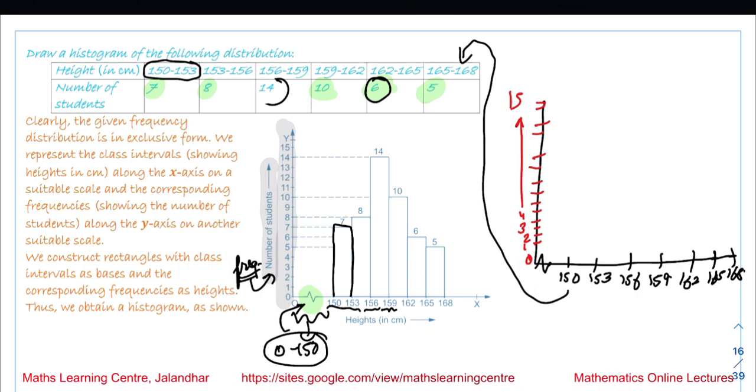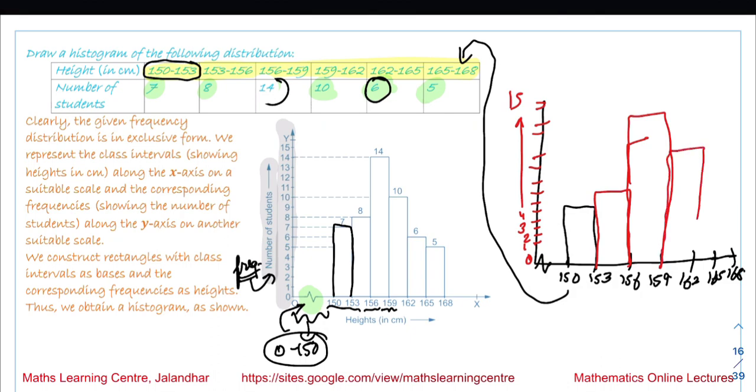Now for the first value, 150 to 153, it is 7. So we have to draw the rectangle up to 7. Next, from 153 to 156, it is 8. So we will draw the rectangle up to 8. Then next it is 14, we will draw the rectangle up to 14. Next it is 10, so we will draw the rectangle up to 10.